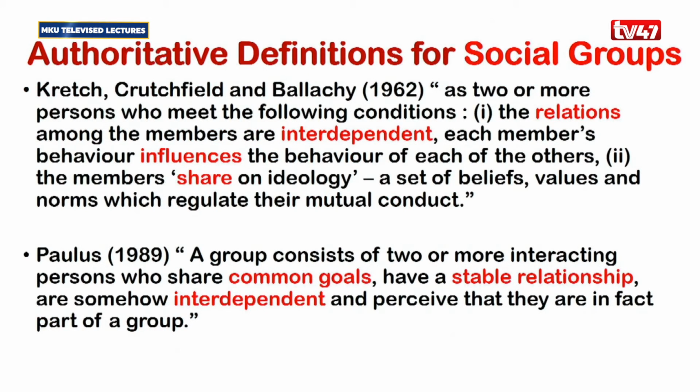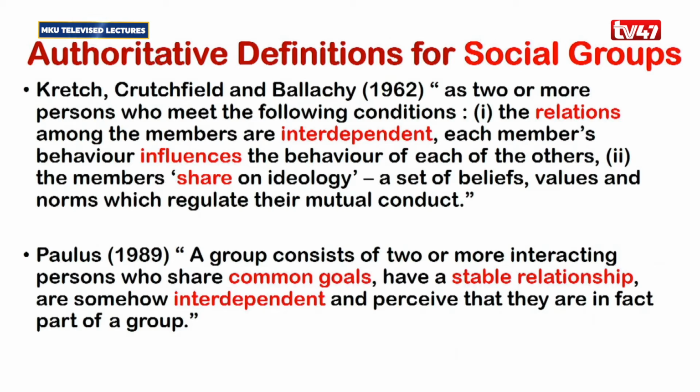More definitions, two more on social groups. Again, we are focused on social groups, and you will see how some groups of people don't qualify. Krech, Crutchfield, and Ballachey: social groups are two or more persons who meet the following conditions. One, the relations among the members are interdependent.